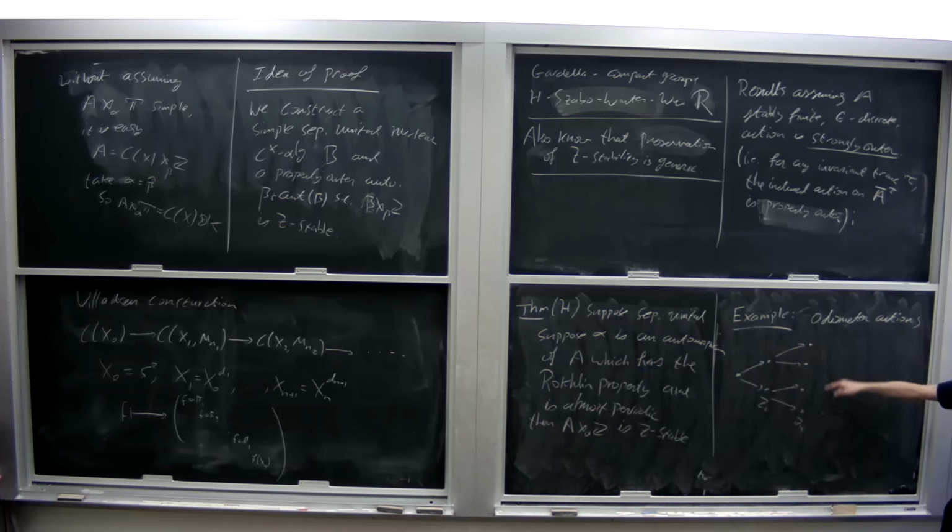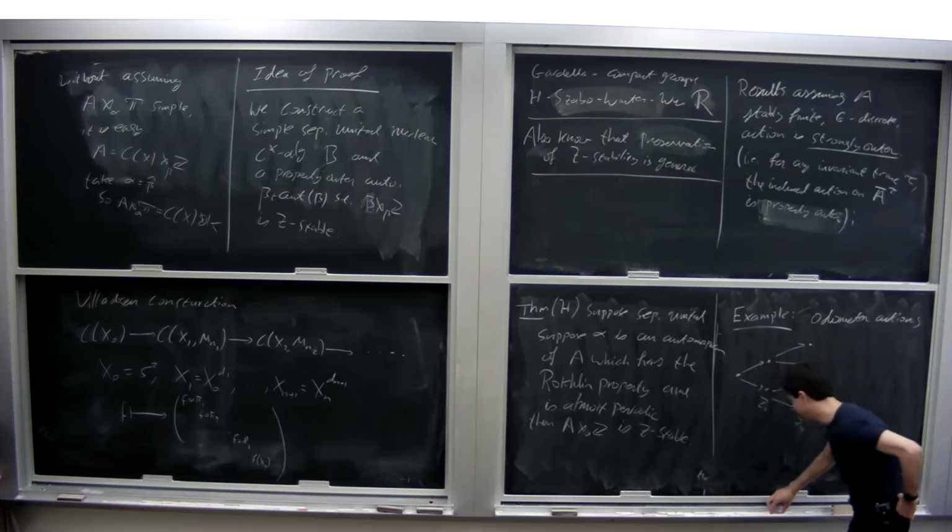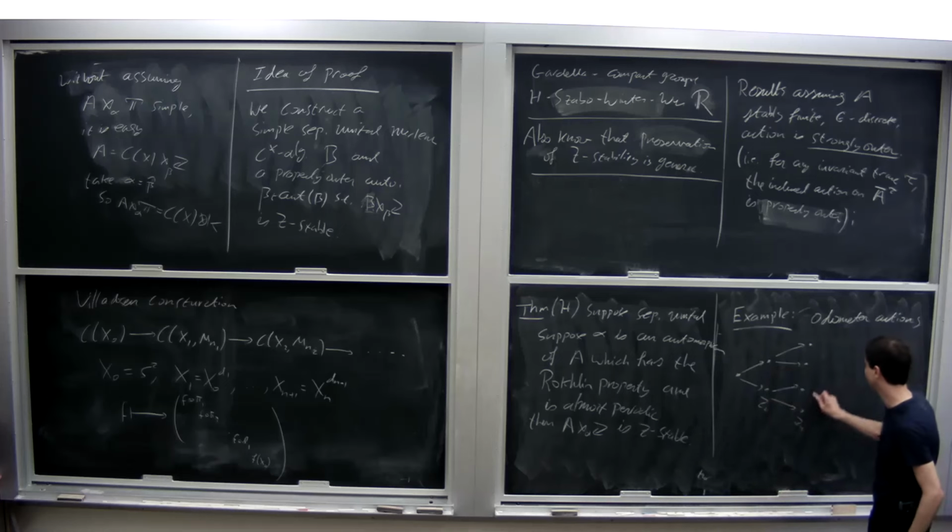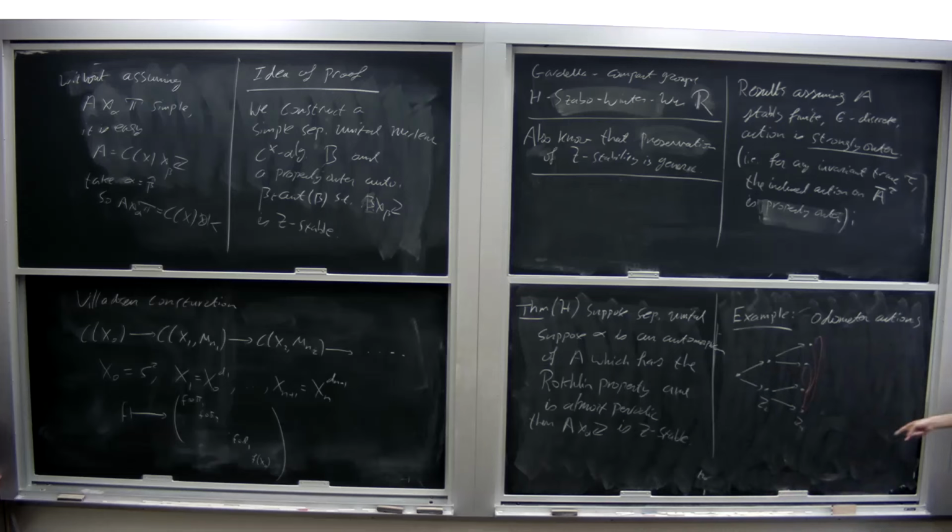Then we have an order 4 automorphism here, which is consistent with these two. So we can draw this: this would go here, and then this would have to go here, this goes here, and this goes here, depending on how I label them, and you can continue. So we'd have an order 8 automorphism here, which is consistent with this one, and so on and so forth. The inductive limit here is the Cantor set.